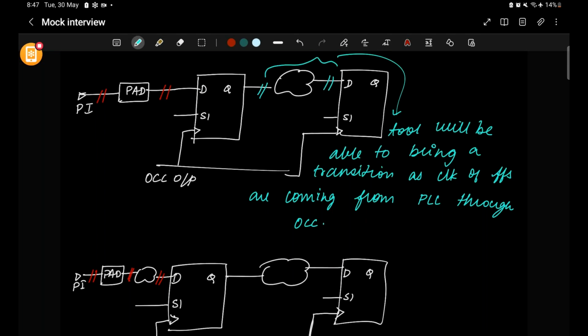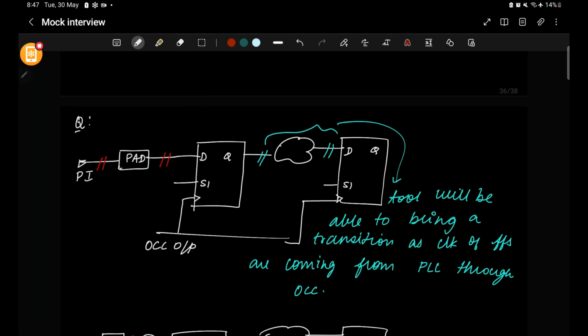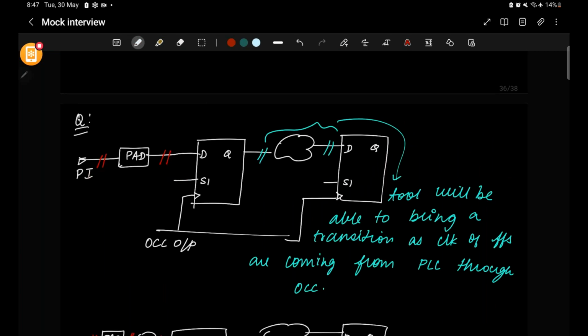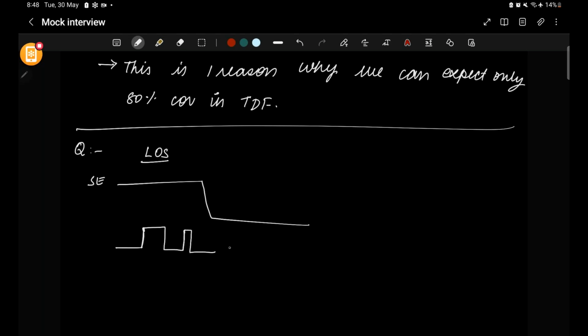And yeah, my actual question was, so here if you see, what is LOS? In LOS, it is like this, right? This is scan enable. So this is the last shift pulse, A pulse. And this is one fast clock pulse, B pulse. And this is one fast clock pulse, C pulse.